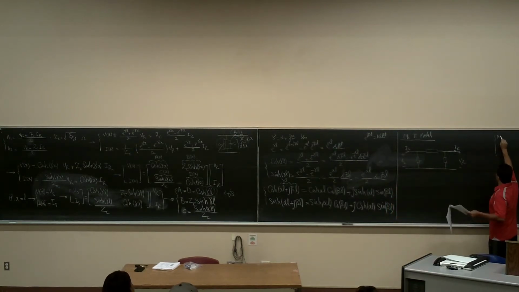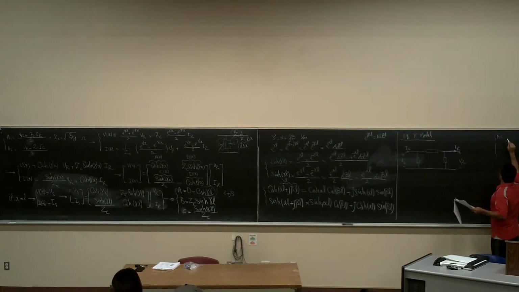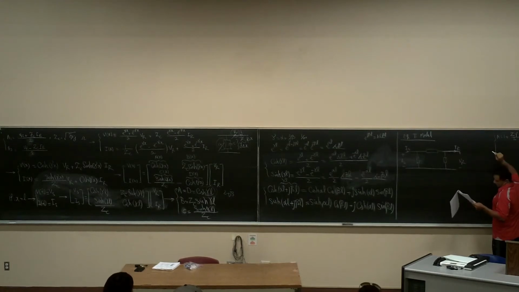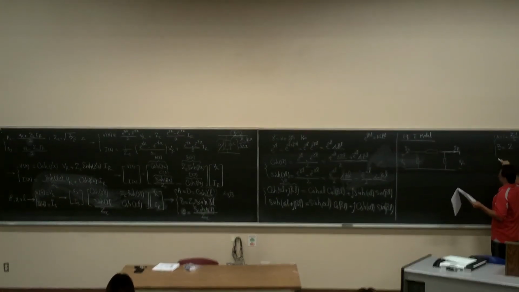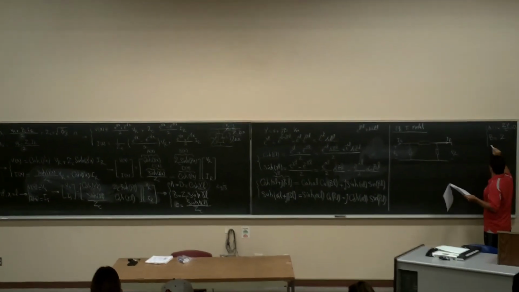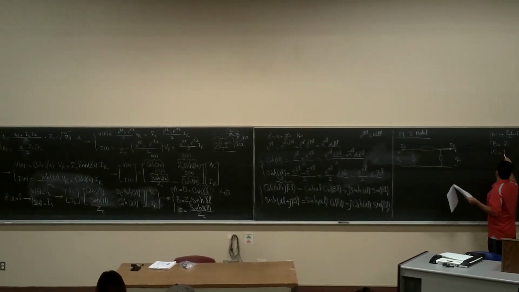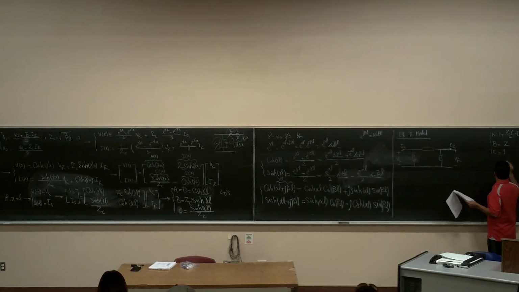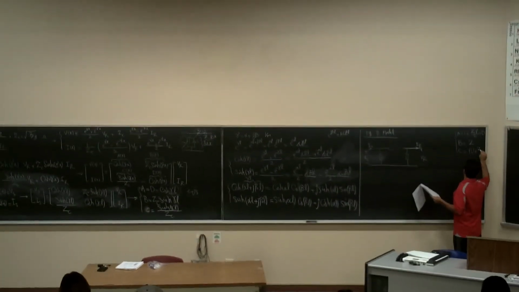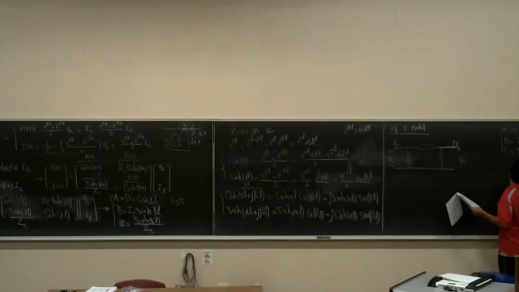We had A equal to, you can double check it to make sure, 1 plus zy over 2. B was equal to, actually A and D, they were equal. B was equal to z, and C was equal to y times 1 plus zy over 4.